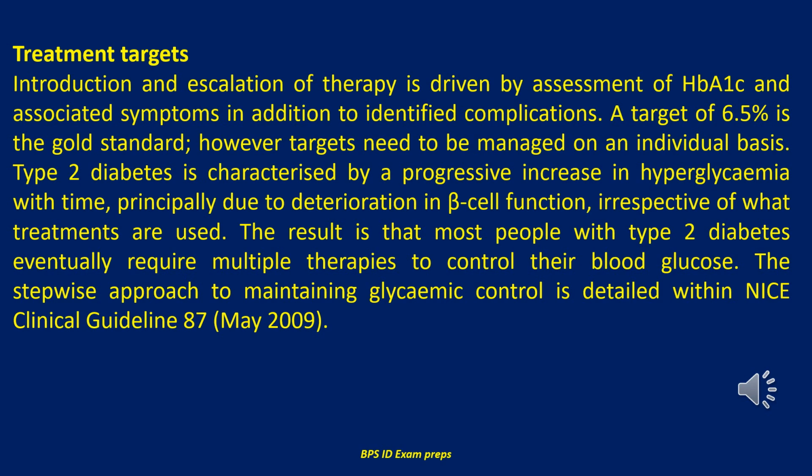Type 2 diabetes is characterized by a progressive increase in hyperglycemia with time, principally due to deterioration in beta cell function, irrespective of what treatments are used. The result is that most people with type 2 diabetes eventually require multiple therapies to control their blood glucose. The stepwise approach to maintaining glycemic control is detailed within NICE Clinical Guideline 87, May 2009.